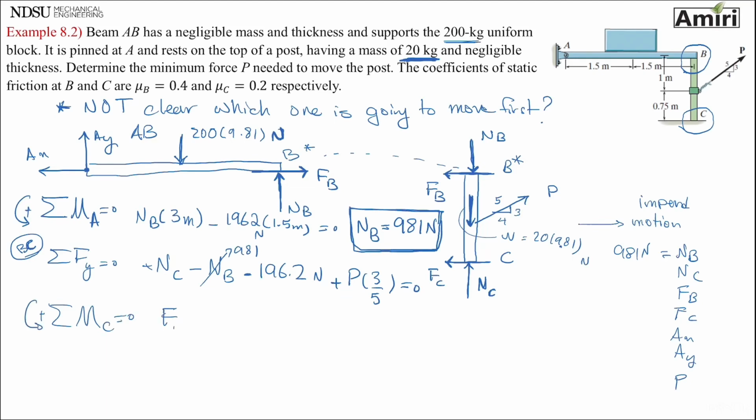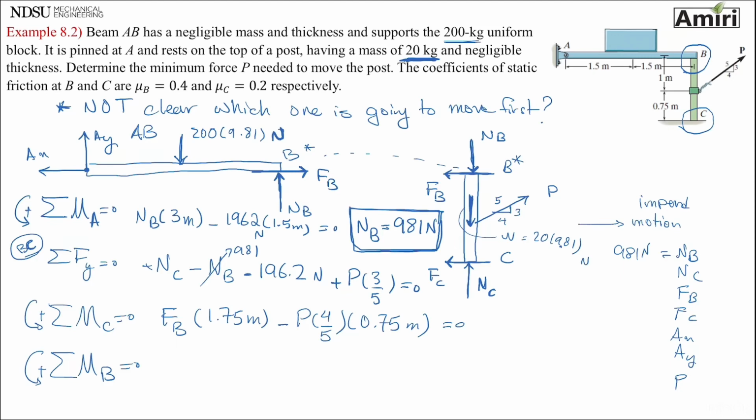I have FB at a distance of 1.75 meters. I have the horizontal component of P at a distance of 0.75 meters. And that's it. NB and NC and that W both go through it, so they are 0. Summation of moments about point B equals 0.